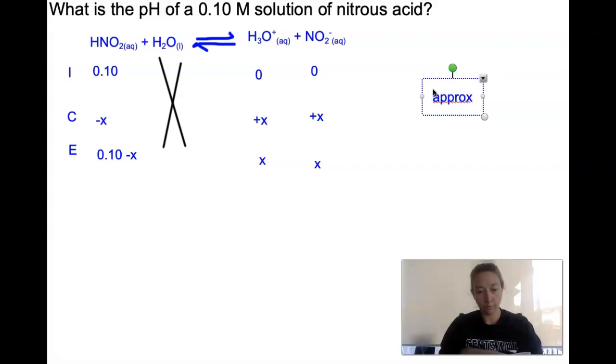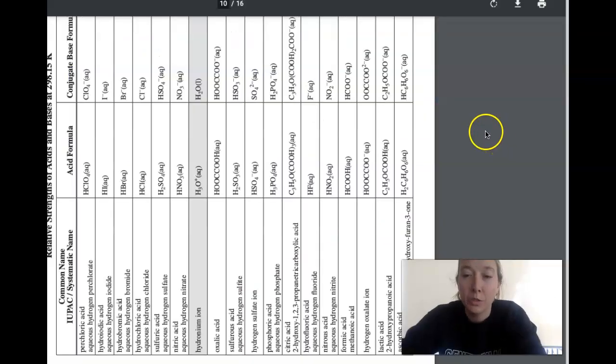So HNO2. Hopefully the number in this really old data booklet is still the same number that you have. If it isn't, then let's just pretend that the number I'm about to use is the number that you have as well. In this particular case, the question didn't give me the Ka, but that's okay because I can go to my data booklet and find the Ka. So I just Googled your data booklet.